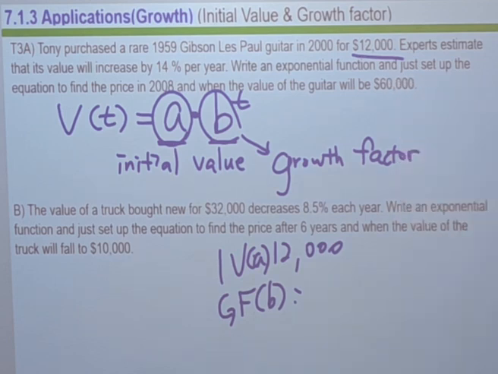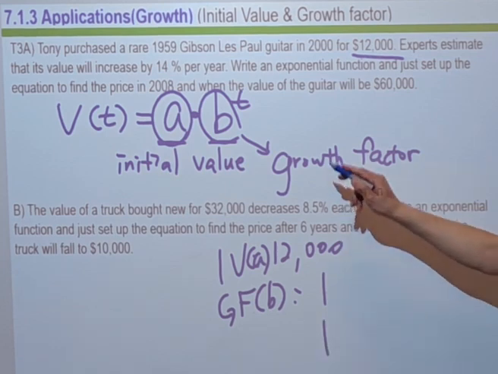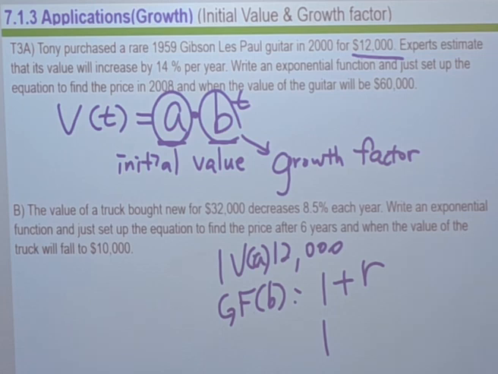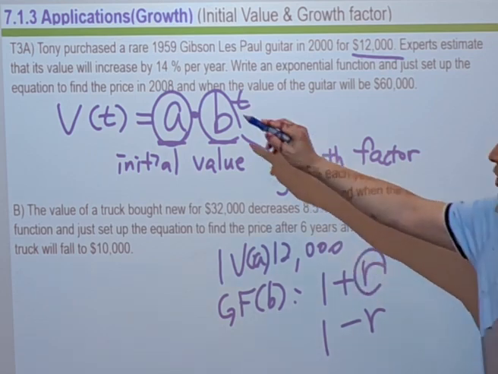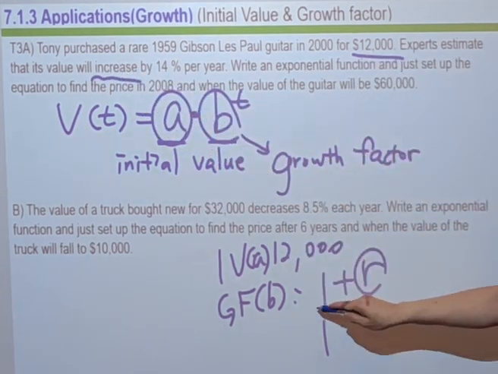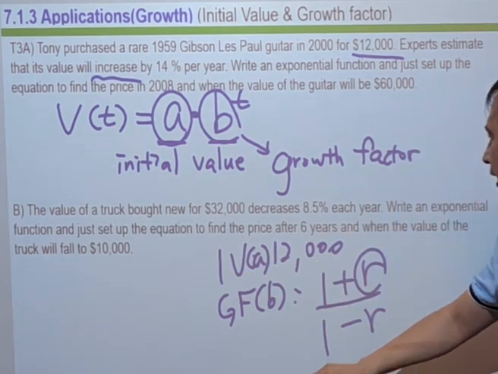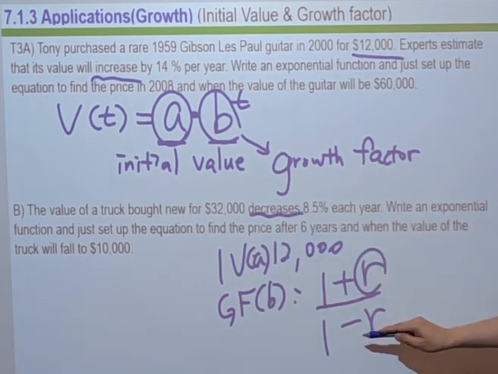In a growth or decay model, when increasing by r percent, we use 1 plus r. When decreasing by r percent, we use 1 minus r. That becomes the growth factor. In this question, because this is an increase, we use the growth model. If you see a decrease, then you would use the minus, the decay model.